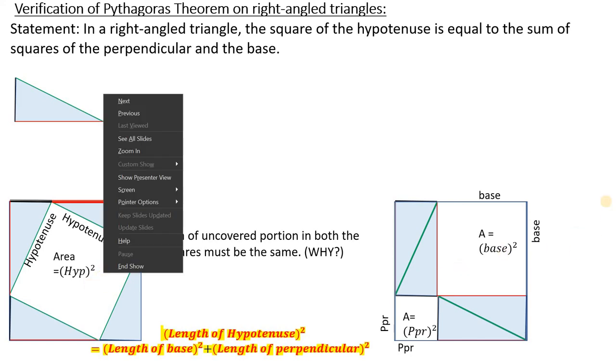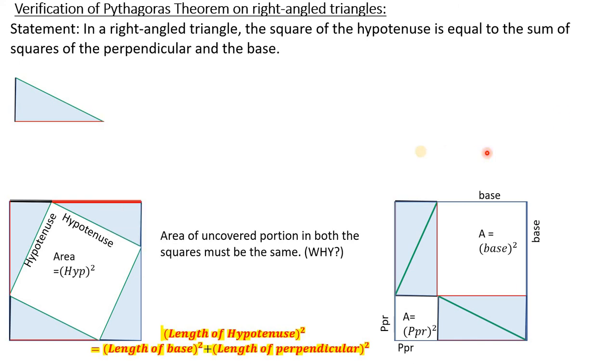On the right hand side, the uncovered portion is a base square and a perpendicular square. So the area of the uncovered portion in this bigger square is base square plus perpendicular square. These 2 must be equal. Therefore, the length of hypotenuse square should be equal to the length of base square plus the length of perpendicular square.